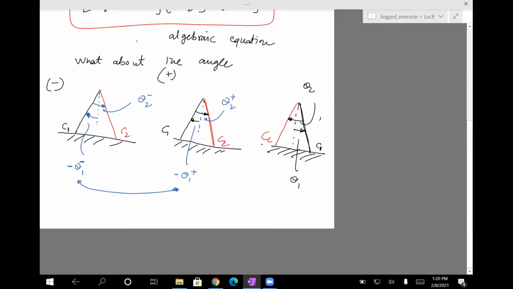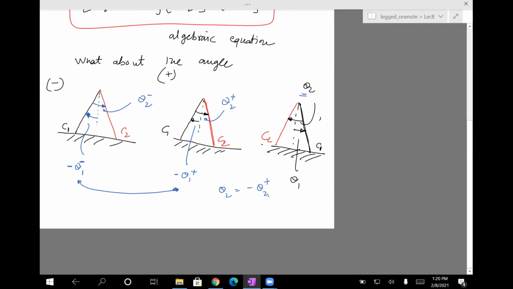So what we need to do is we need to have this switching condition, which we can now observe just by looking at the figure. So the first thing to note is that theta 2, which is this, is negative of theta 2 positive.